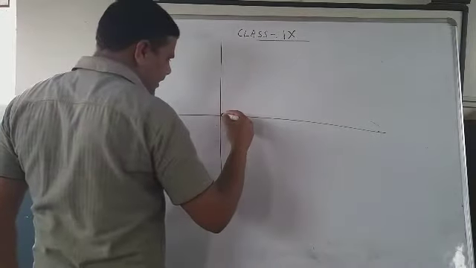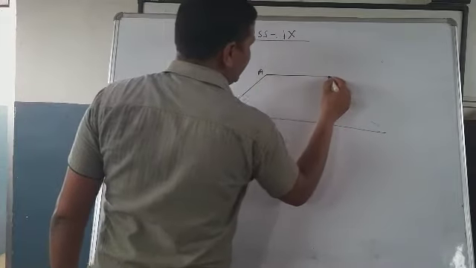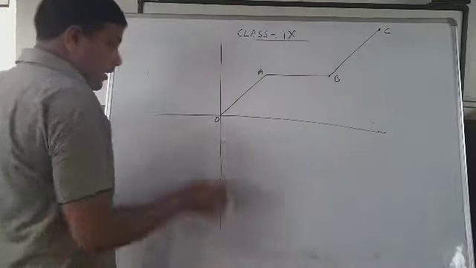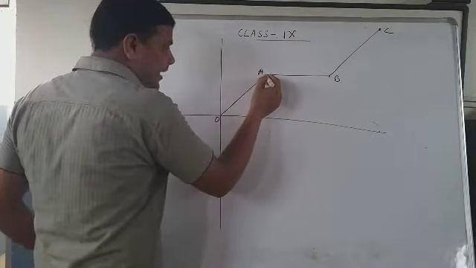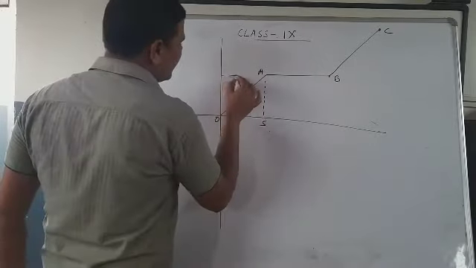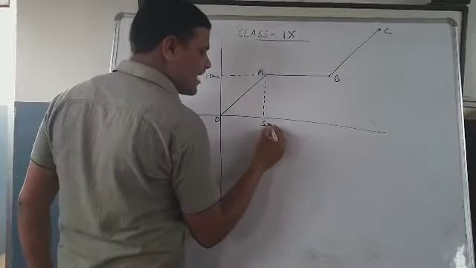A body is moving from O to A, then A to B, then B to C. While going from O to A, it took 5 seconds and covered a distance of 10 meters.